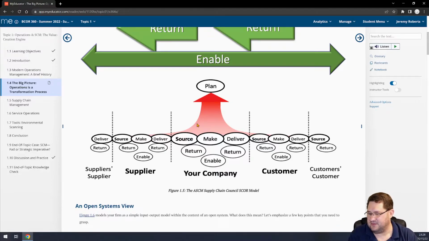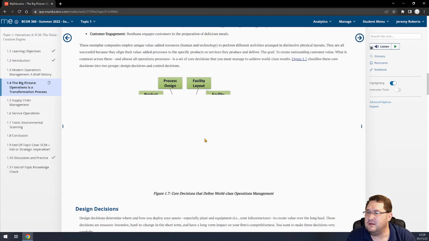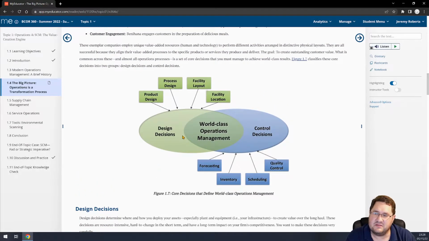All right, let's see. What else was I going to mention? 1.4: design decisions and control decisions. You guys will see these ovals periodically through the rest of it, and we're going to talk about each one of these. Design decisions: think about designing things like a product or the process that is going to make that product. We have to design that.